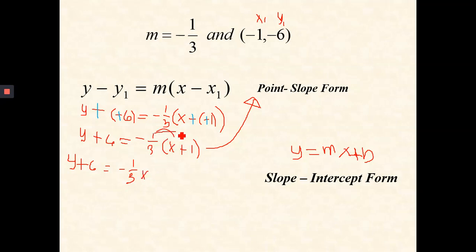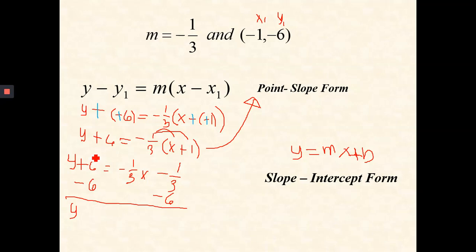Then negative 1/3 times 1, that is negative 1/3. After that, we're going to isolate your y. So we are going to get the opposite of positive 6, and that is negative 6. We subtract both sides of the equation by 6, so 6 will be written under negative 1/3.